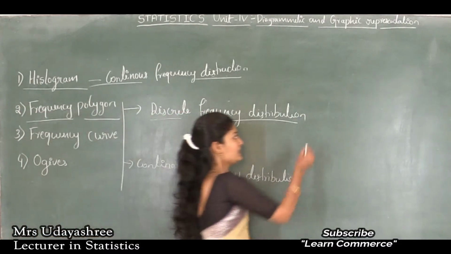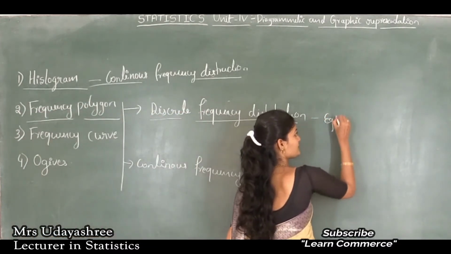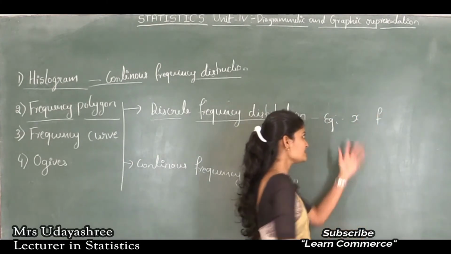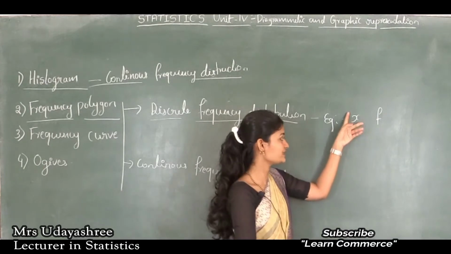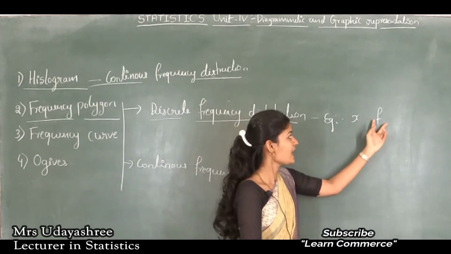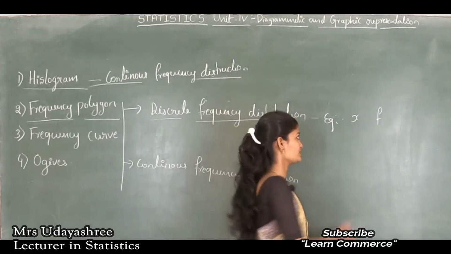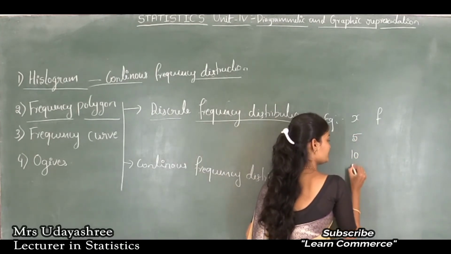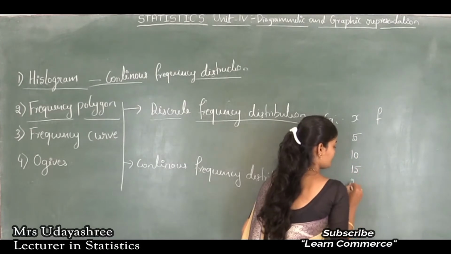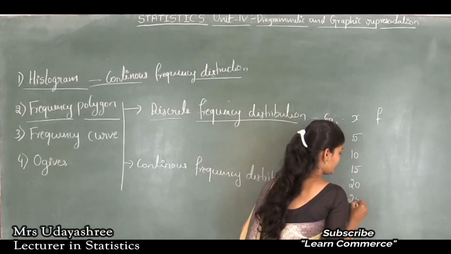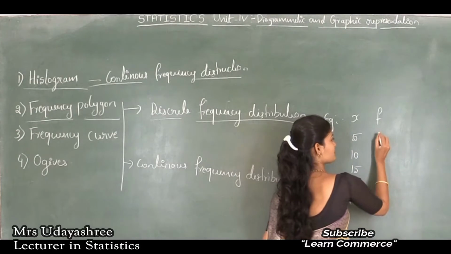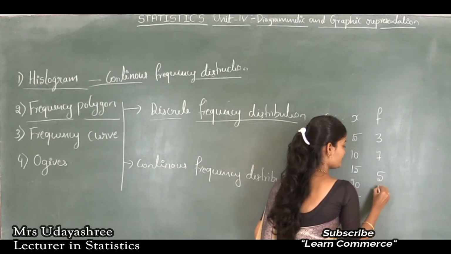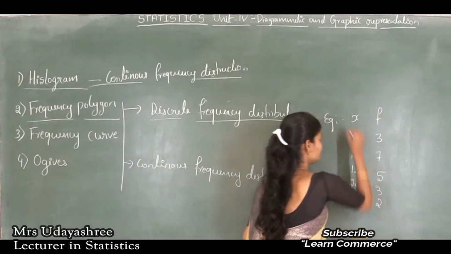For example, the discrete frequency distribution is x and f. Here x is the value of the discrete variable, and f is the corresponding frequency. The x observations are 5, 10, 15, 20 and 25, and the f observations are 3, 7, 5, 3 and 2.